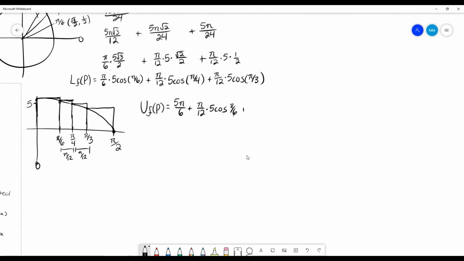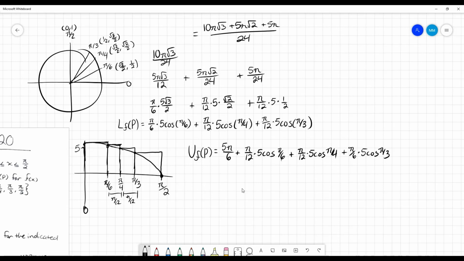Next up, we've got another pi over 12 times 5 cosine of this next higher one, which is pi over 4. And then we've got this distance of pi over 6 times 5 cosine of pi over 3.